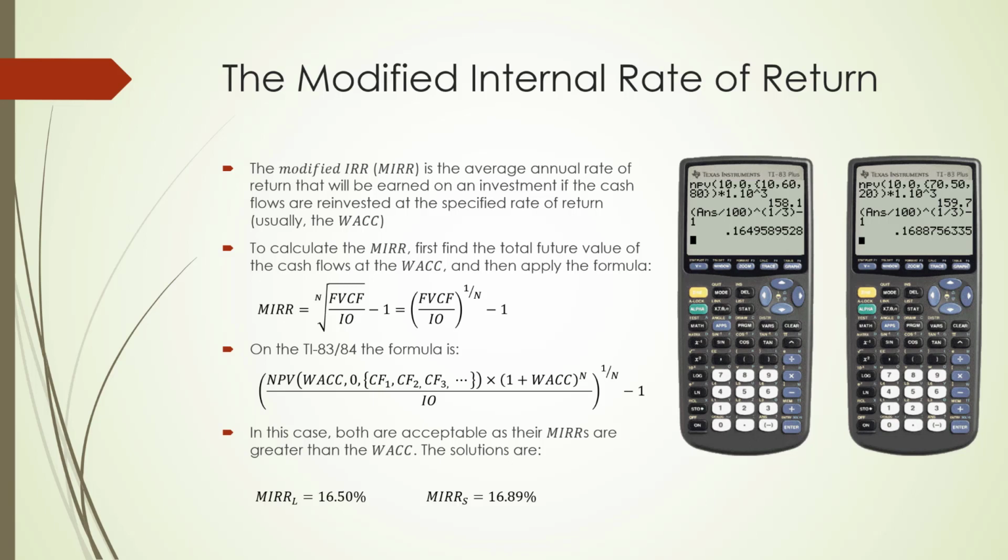However, remember that S had a lower IRR than L did. And so that's what we call a ranking conflict. When NPV and IRR disagree on the best project, that's a ranking conflict. Modified IRR will almost always agree with the NPV. So instead of using the regular IRR, you're better off usually using the modified IRR.